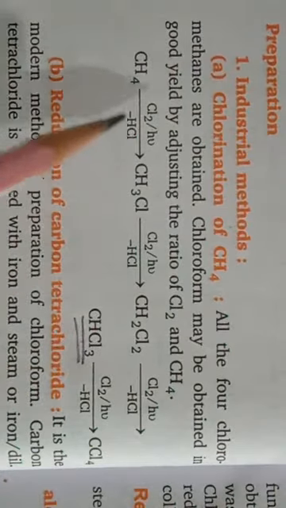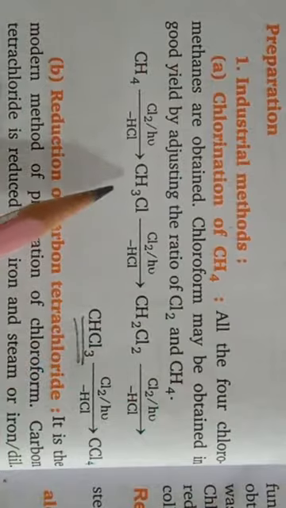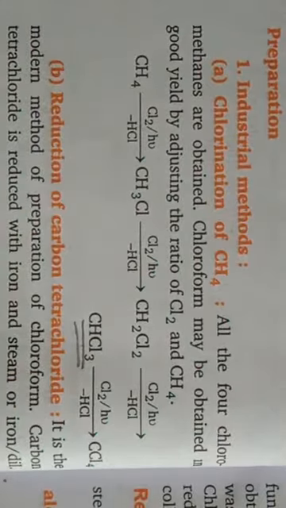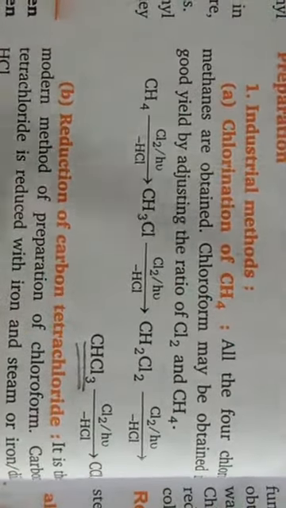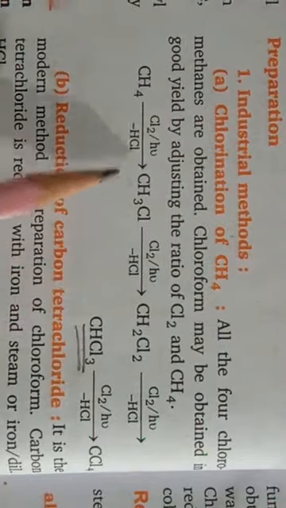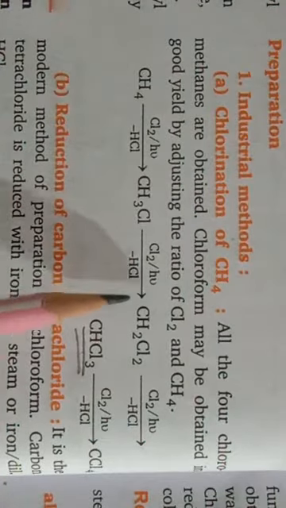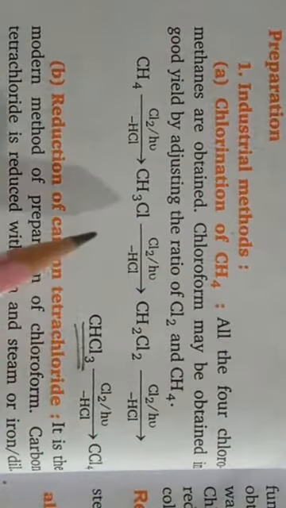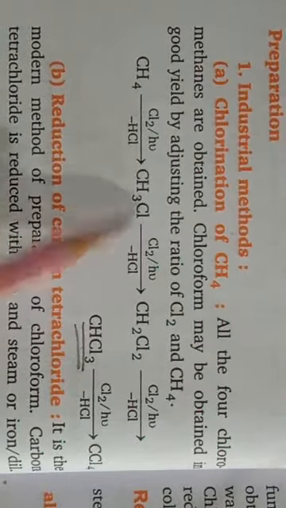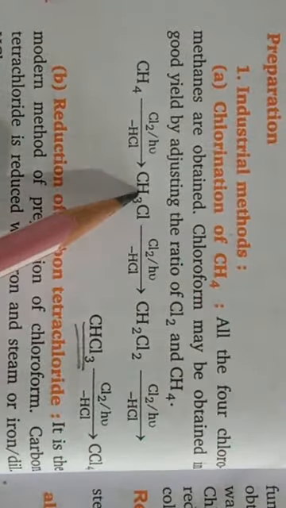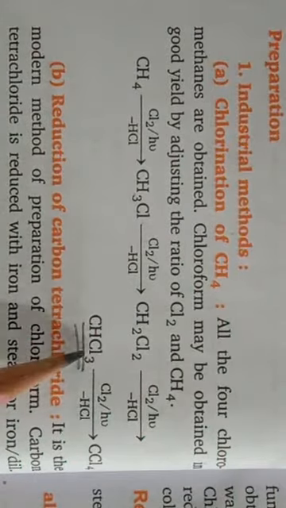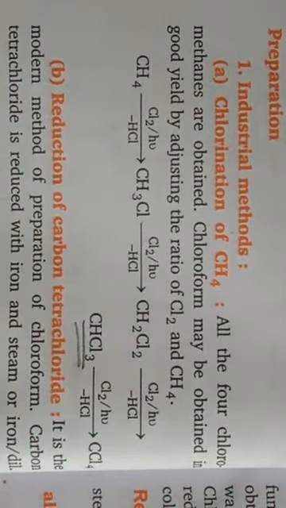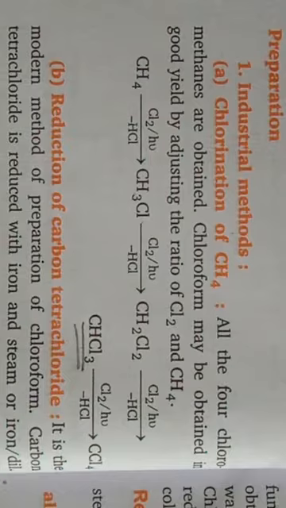This reaction takes place through a free radical substitution chain mechanism, so all the possible halogen derivatives are formed: monochloromethane, dichloromethane, trichloromethane which is chloroform, and the last compound, tetrachloromethane, also known as carbon tetrachloride. So this is the industrial preparation.